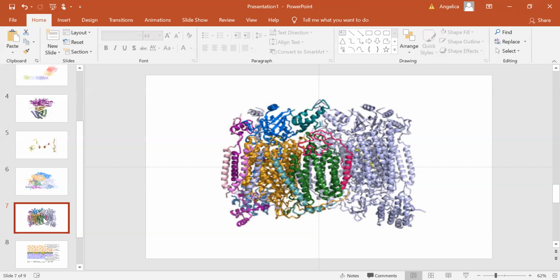The view is perpendicular to the plane of the inner mitochondrial membrane with the matrix above. The ETC in context: oxidative phosphorylation. The figure below illustrates the coupling of catabolism and anabolism to generate biochemical energy, or ATP.